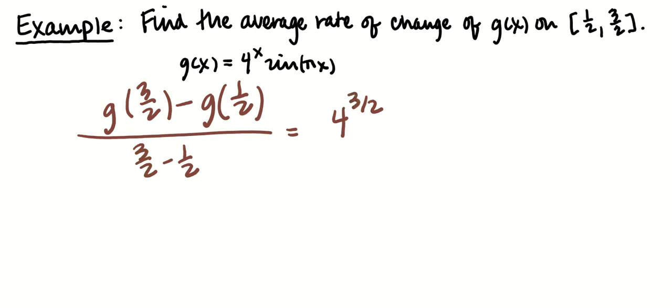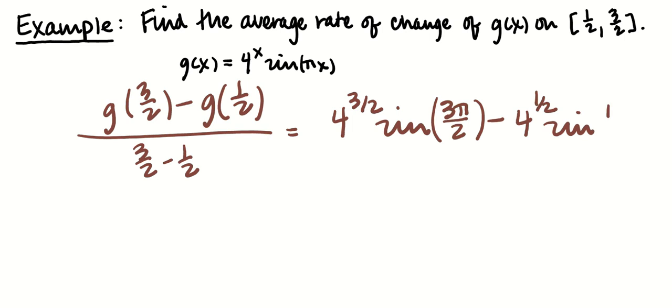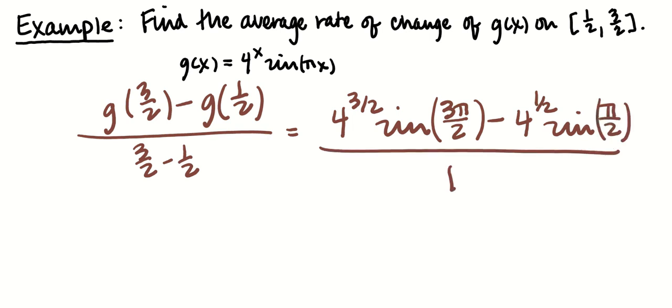So it's going to end up being 4 to the 3/2 times the sine of 3 pi over 2, minus 4 to the 1/2 times the sine of pi over 2, all divided by 1.